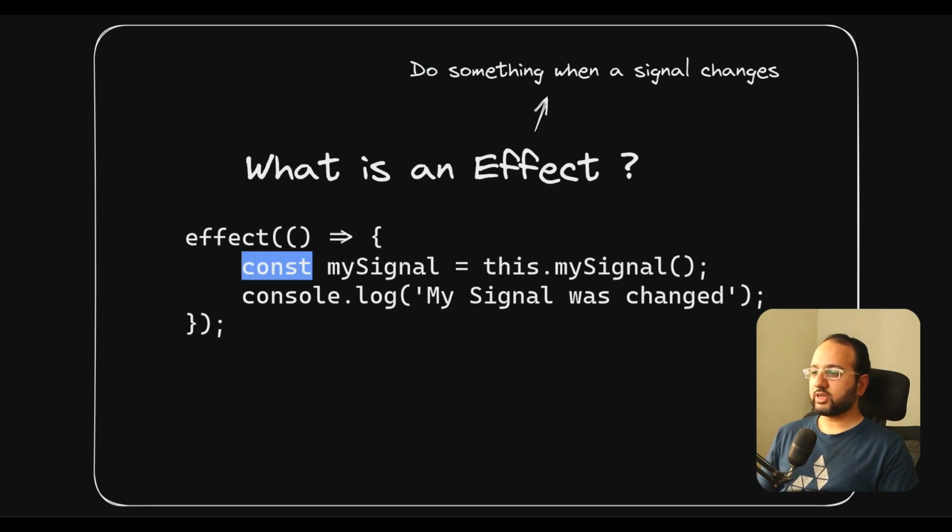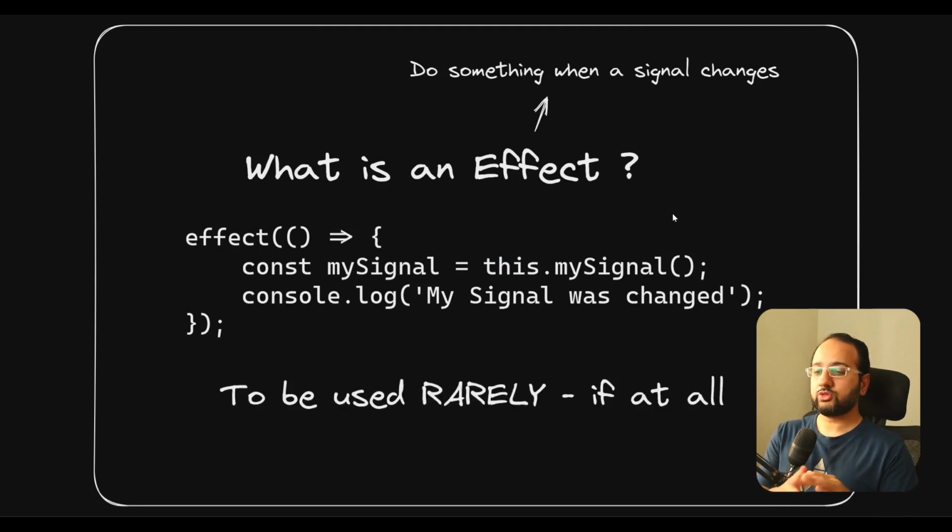And basically you can specify a signal which you want to track, and then you can just do anything when that signal is changed and use its value. Now effect runs at least once for every signal that is dependent, and again as with computed, this effect is only going to run when the signal changes. It's not going to run on every signal, only on this signal that is being tracked here. So Angular tracks this automatically, okay?